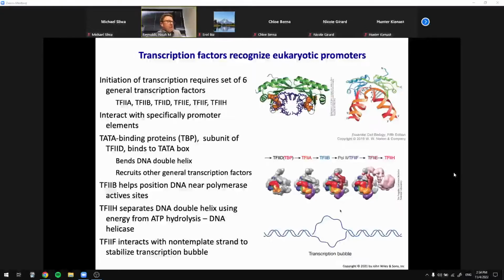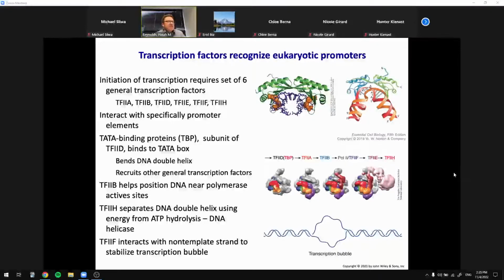The things you should definitely know about is the TATA box binding protein. This is a subunit of transcription factor 2D. And it's going to bind to this region of DNA we call the TATA box. What it does is it binds as a dimer and it puts a really sharp kink in the DNA.